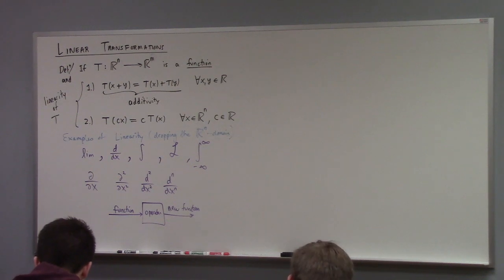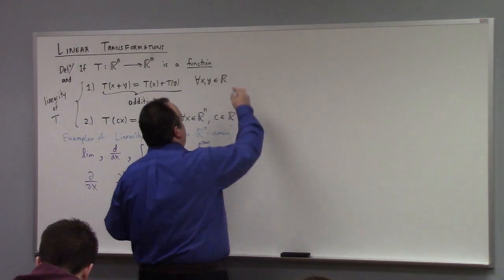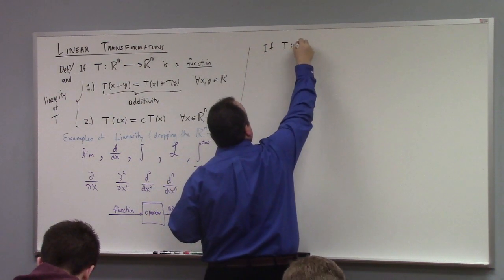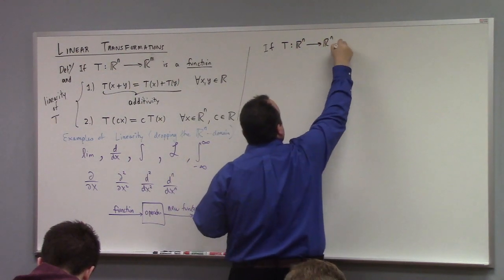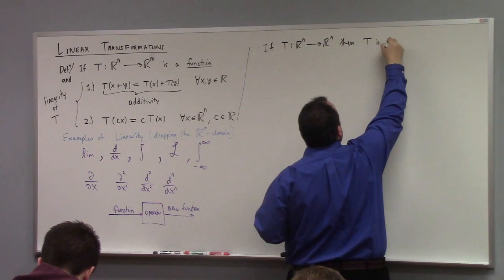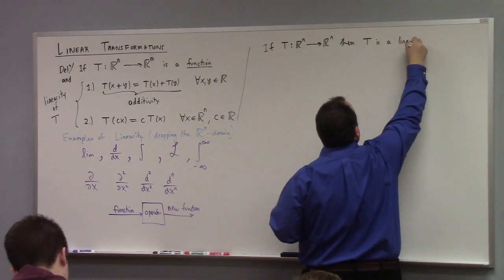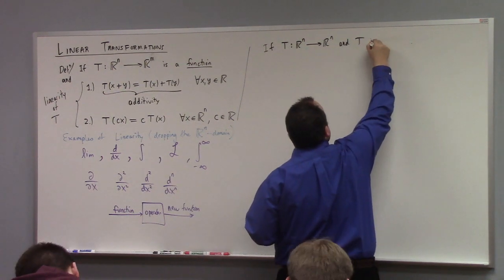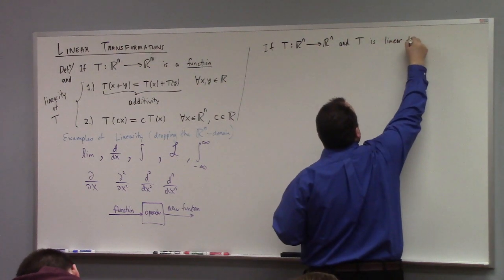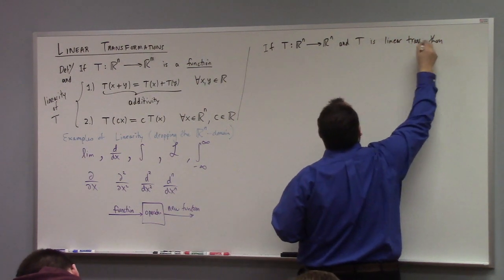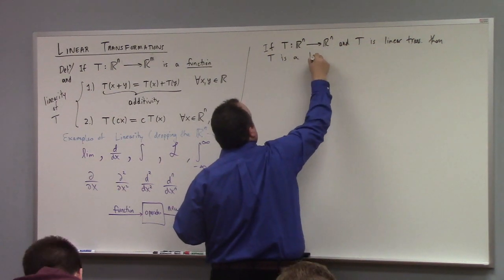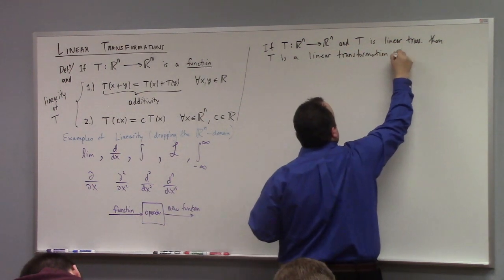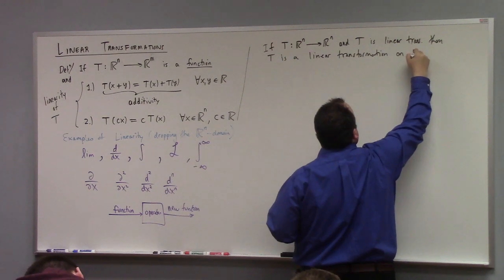And a little bit more language here. If T is a linear transformation from Rn to Rn, then T is a linear transformation on Rn.